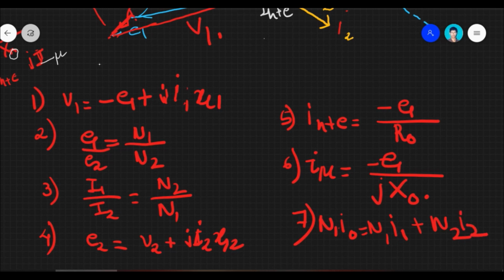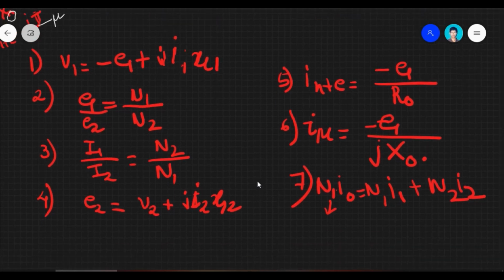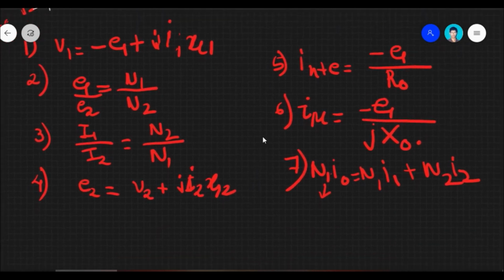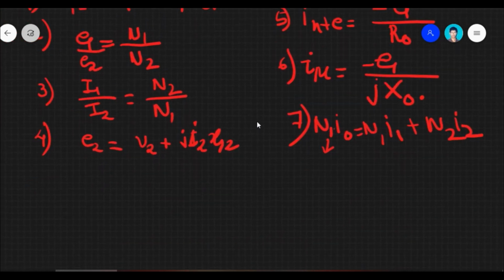And from this, if we proceed a step further, it will lead us to I naught is equal to I1 plus N2 by N1 I2.